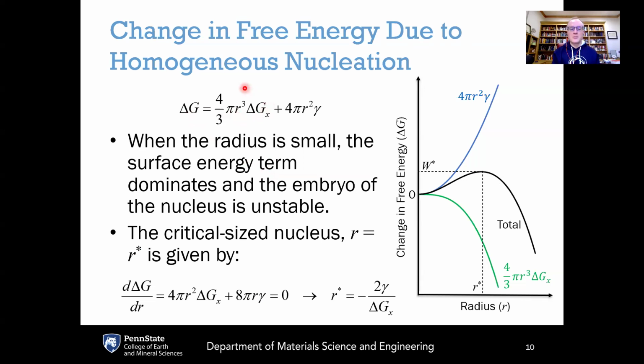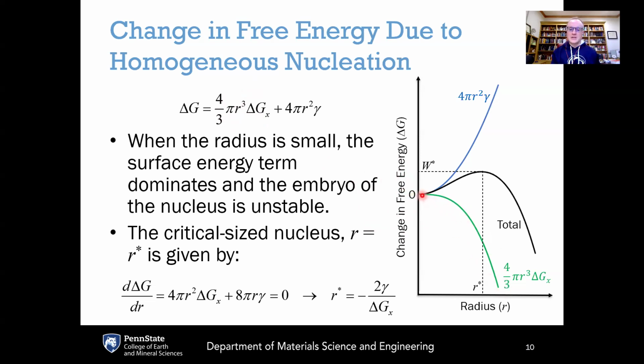There is a volumetric term here, which is just the volume of this assumed spherical nucleus. So that's 4/3 pi r cubed, where r is the radius of the nucleus, times delta G sub v, where this delta G sub v is the volumetric change of Gibbs free energy as a result of forming that nucleus. So if we plot this term here, this gives us the green curve shown on the right, where this is the change of free energy as a function of increasing the radius of the nucleus.